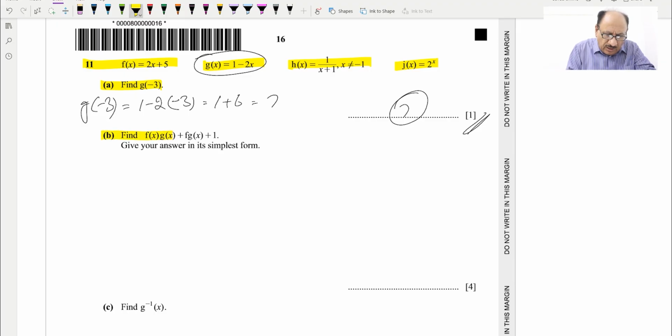B part, find f of x into g of x, plus f of g of x. So f of x is 2x plus 5, g of x is 1 minus 2x.